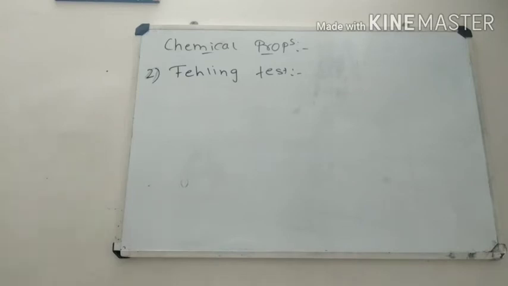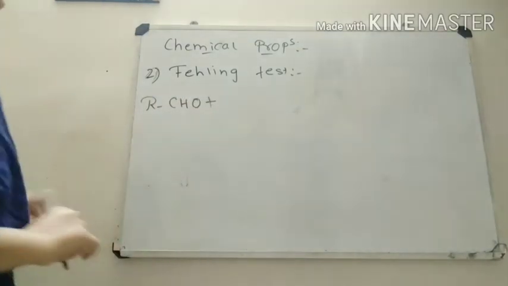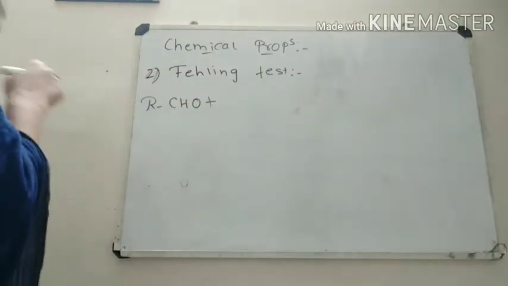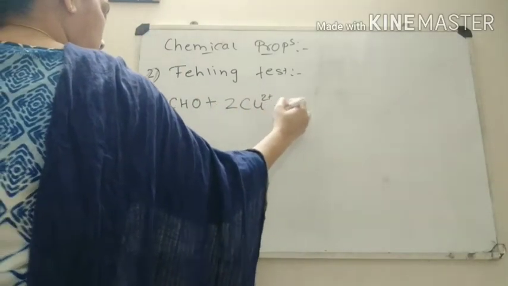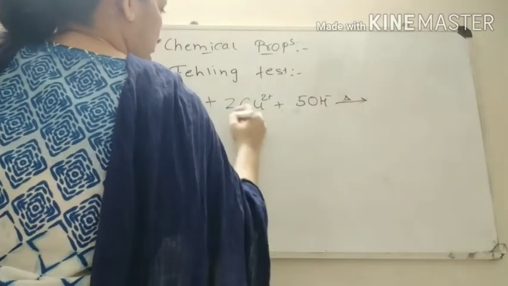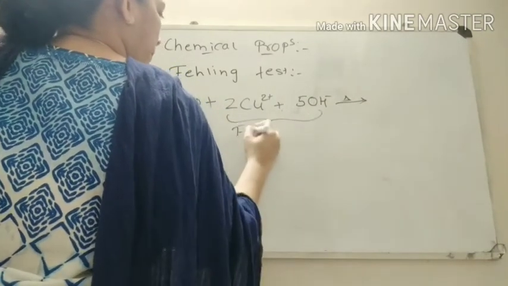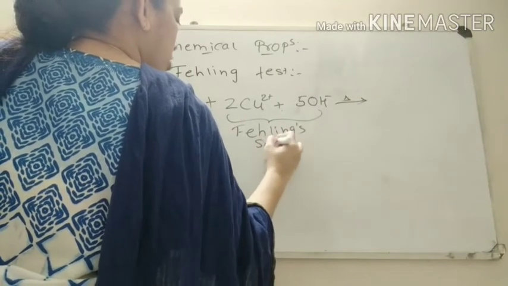Now how is it? Write it in the form of a reaction. Suppose RCHO plus 2 Cu2 plus plus 5 OH minus, this is nothing but the Fehling solution.